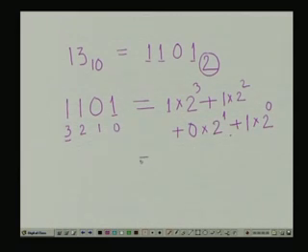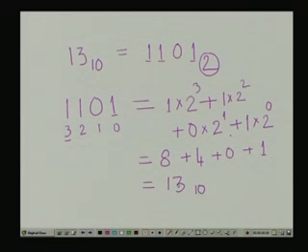So, what will be the value? It becomes 8, then 4, then 0 multiplied by 2, then 1 into 2 to the power 0 means 1. So, this becomes 13 in decimal. So, it is verifying the result.